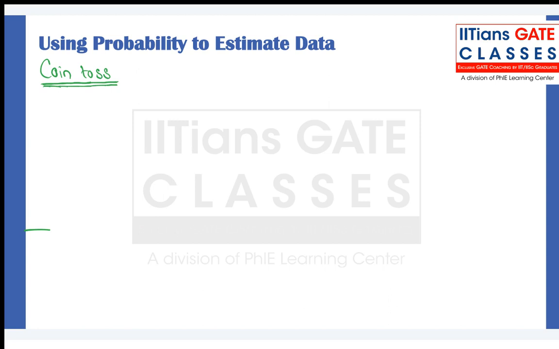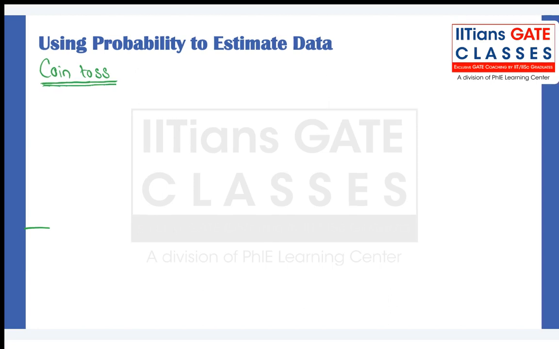And let's say that you don't know the probability that you will get a particular outcome, could be head or tail. Let's say the probability that you will get head is theta. And you somehow don't know the value of theta at all. Okay, it could be a biased coin. It's not always 1 by 2.